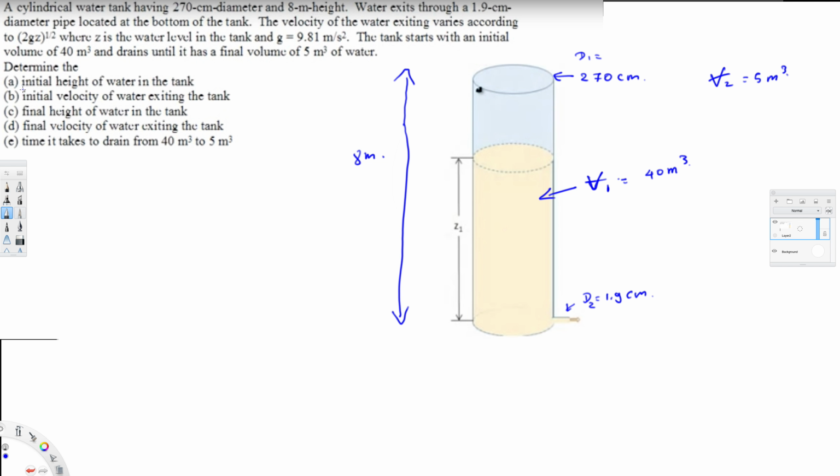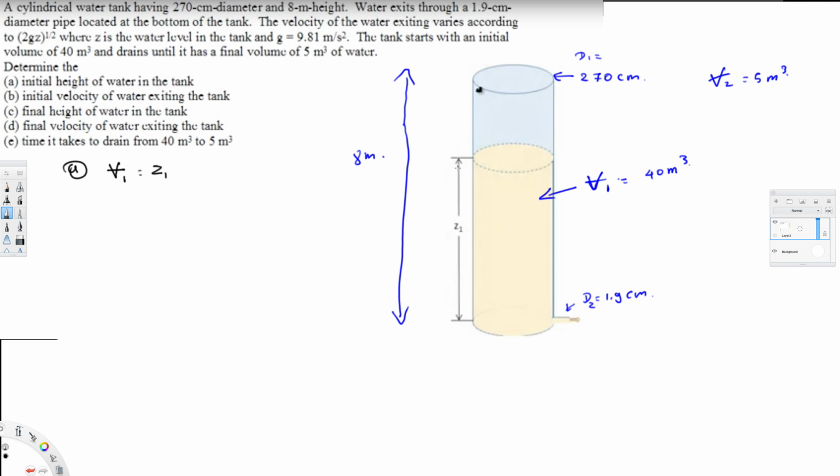The first question is asking what is the initial height of the water in the tank. Let's see how we can find it. For part A, we have this volume, volume 1, that's what I'm going to deal with. I can write volume 1 as area times height. Z1 is the question, the initial height. So it's going to be Z1 times the area of this circle.